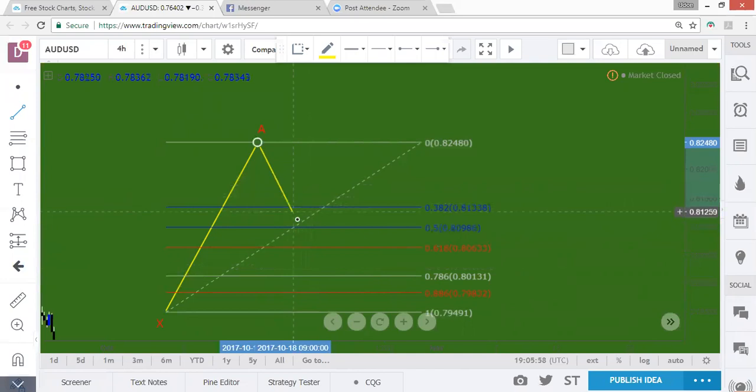Now, if we break past this 382 and hit the 50%, that's fine. If it closes there, still a valid B leg. If it hits 618 and decides to close above, that's going to make this B leg invalid. So what we need is a minimum 382, and even if price wicks past the 618, it's fine as long as it doesn't close beyond the 618.